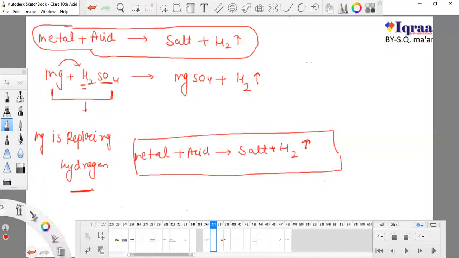Whatever you take as a metal, and whatever you take as an acid, will give the same results.